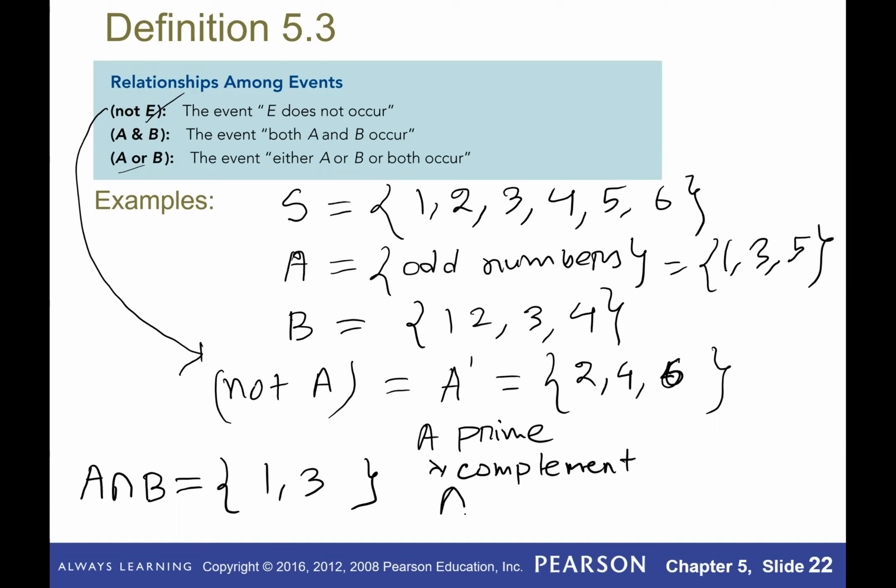So what should be A union B, or you can say A or B? What should be the elements in this event?